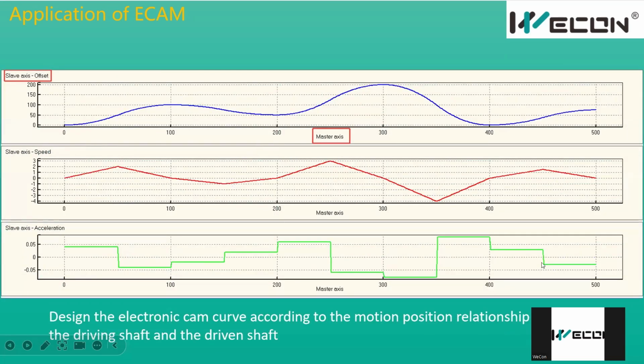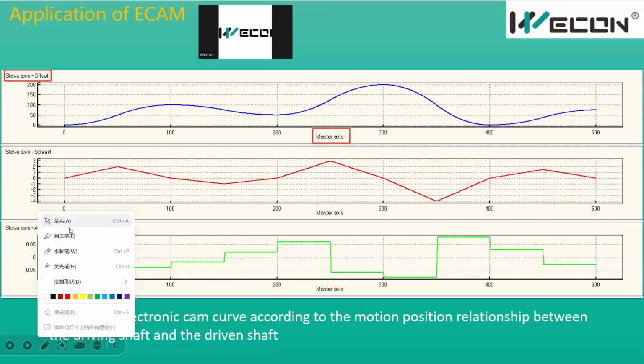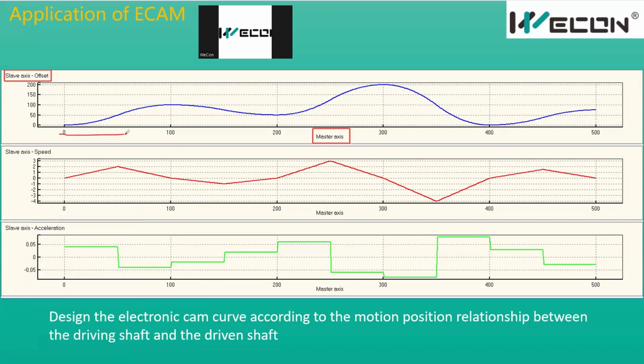Okay, so generally speaking, the ECAM curve is the position relationship between the master axis and the slave axis. From this picture, we can see this is the master position from 0 to 500, and this is the slave position from 0 to here, the biggest value is 200.